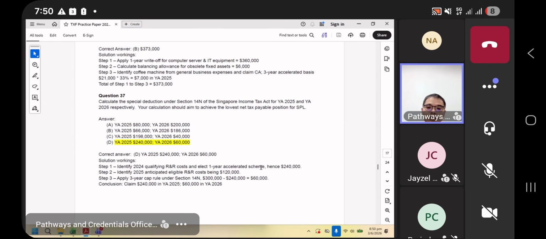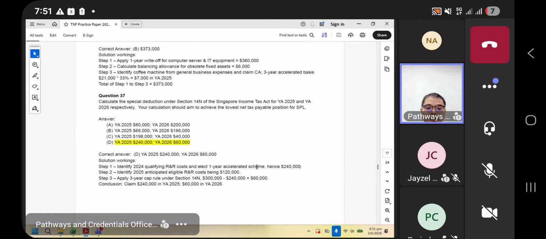So for 2024, the company has spent 240,000 on renovation work. Then for this 3-year period, which is YA 2025, YA 2026, and YA 2027, the maximum 14N deduction that the company can claim in total is 300,000. Since in the first year it has already claimed 240,000, for the second year it incurred a renovation of 120,000, but because there is a cap of 300,000, it cannot claim the full 120,000.